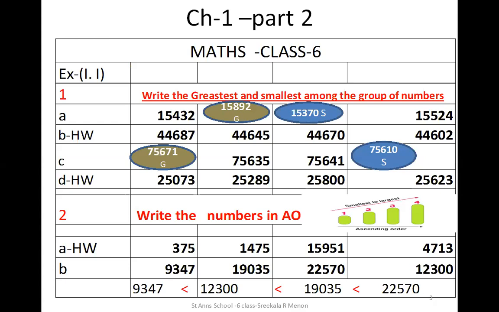Write the greatest and smallest number among the given group: 15432, 15892, 15370 and 15524. Here you can see that 4 numbers are given and they are asking which one is greater and which one is smaller.